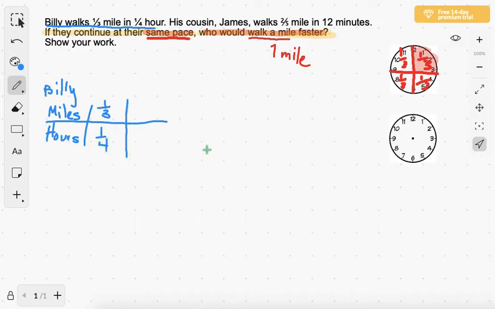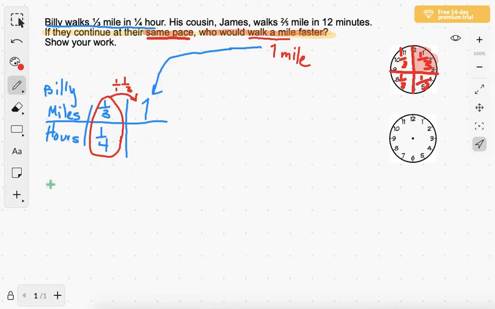As we said, we want to have 1 mile, and the mile is at the top of the ratio, so that's where it goes. So the question is, how do I get from 1/3 to 1? What happens to this ratio for me to get 1/3 to 1? I have to divide this by 1/3.